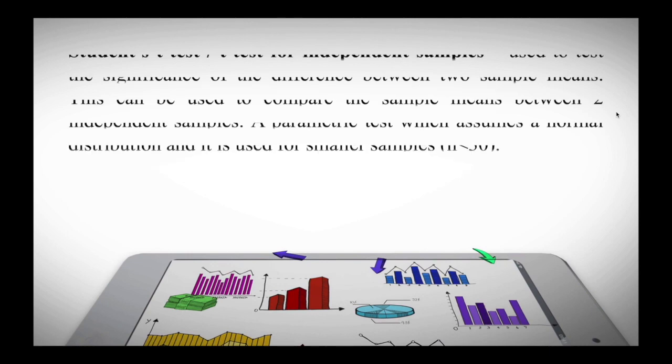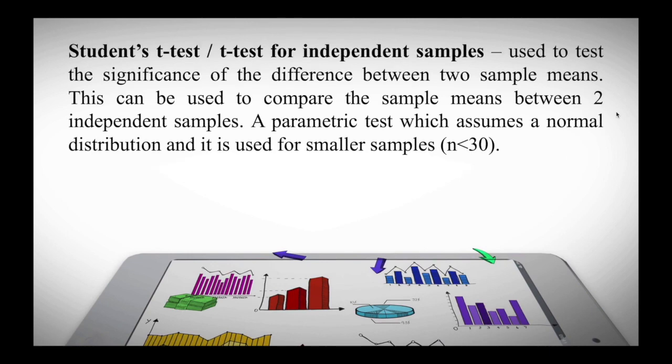Okay. Now, when we say t-test for independent samples, or some books, some statisticians call this as student's t-test, this is actually used to test the significance of the difference between two sample means. Kung meron ba silang pinagkaiba or wala. So this can be used to compare the sample means between two independent samples.